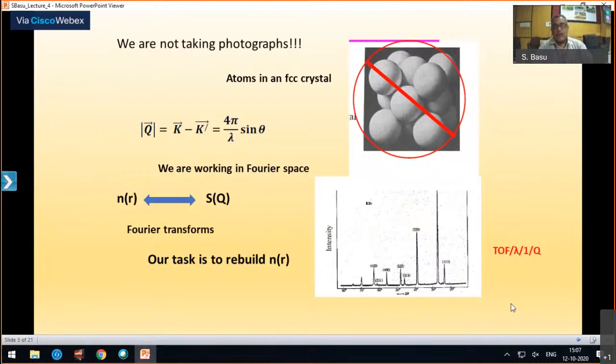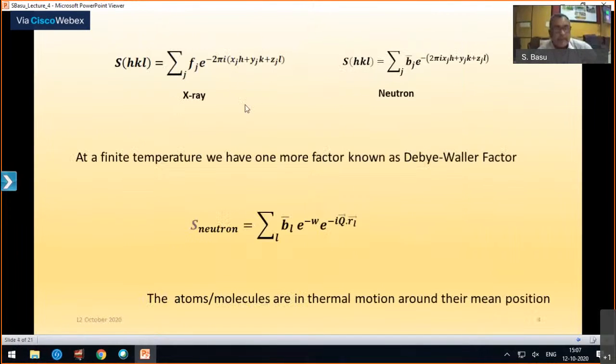As I showed you last time, the scattering amplitude S for a crystalline solid for an hkl reflection is given by, sorry.